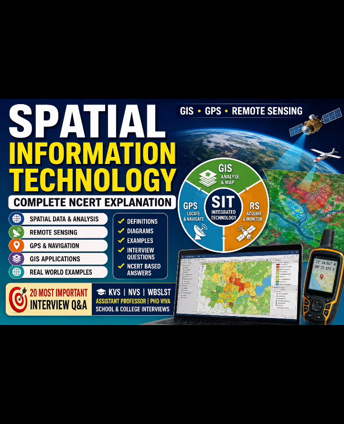All 5 components work together to produce reliable geographic information. For example, in urban planning, computers, that is hardware, GIS software, satellite data, trained planners and standard procedures together prepare an urban development plan.